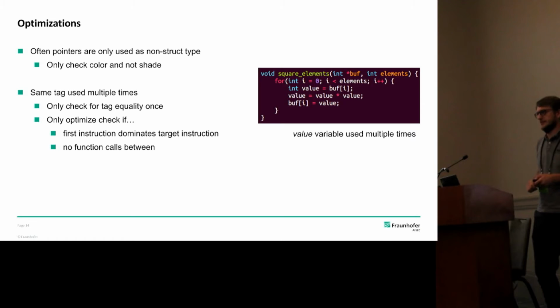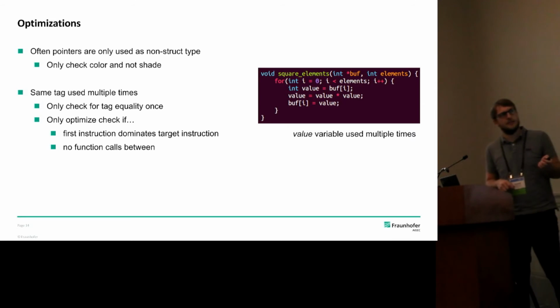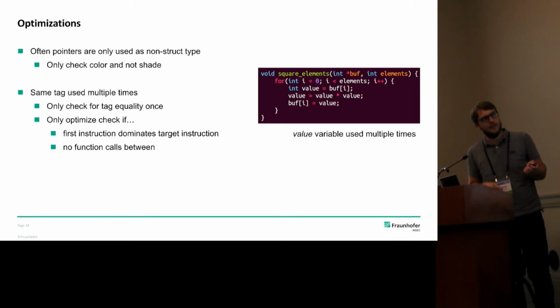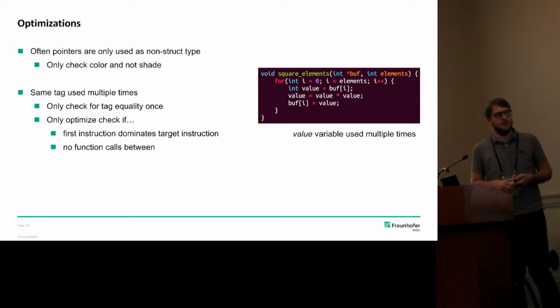Additionally, we added optimizations you can also find in other sanitizers. For example, in this picture on the right, you can see that the value variable is used multiple times in a row, so you only have to check if it's a valid memory address once, and then you can keep using the value without doing the check again.